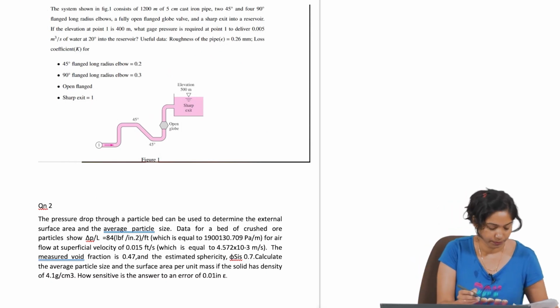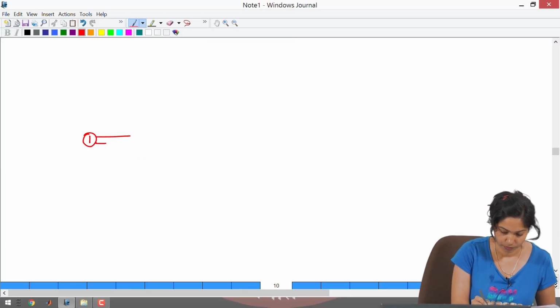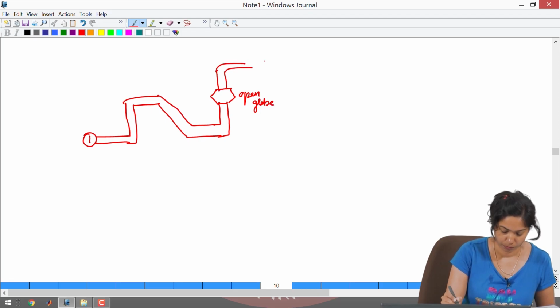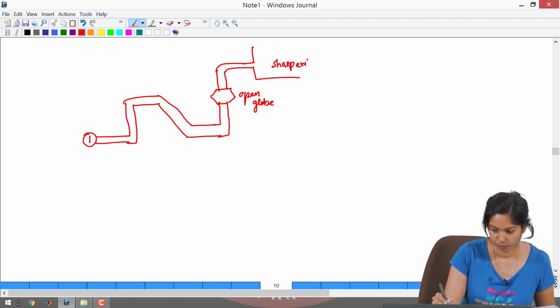So, this is our system. Elevation 500 meter.